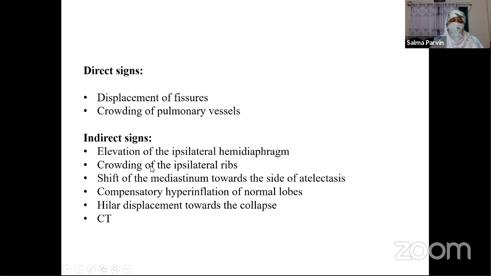CT will give you the total causes and distribution of the collapse. So this is the important information you may have, that there would be displacement of the fissure and crowding of the pulmonary vessels in the affected area, and all has been described, and I try to make you understand that whenever you get a shadow, whether this is a consolidation or a collapse, you can describe it.